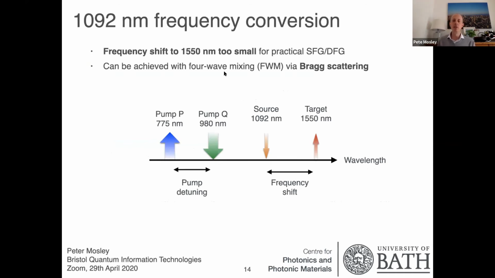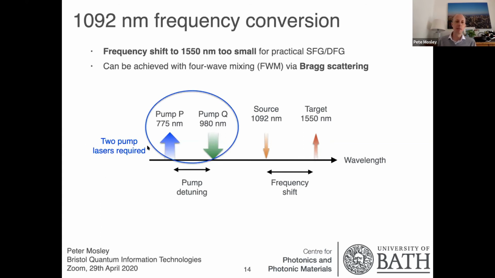Instead of that, we can use a four-way mixing process, in our case in optical fiber, and that's the Bragg-scattering four-way mixing process. So here we have two pump fields labeled P and Q, and we can shift a source photon to a target wavelength by a frequency shift that matches the difference between the two pumps.